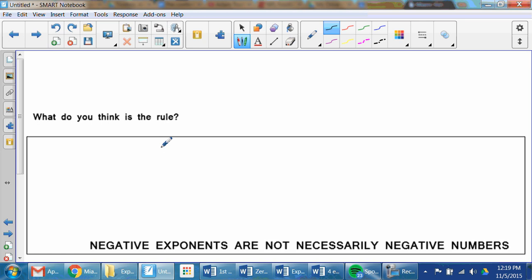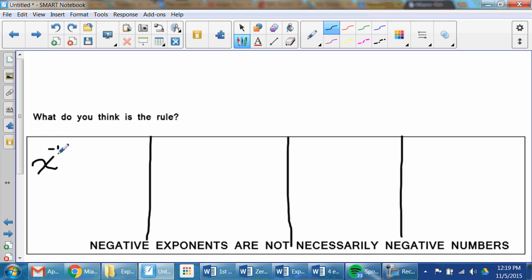Okay, so what do you think the rule is? I broke it up into a couple of different rules. Okay, here's the first rule. The first rule is a variable or number raised to any negative power equals 1 over that whatever variable or number is to the positive power.